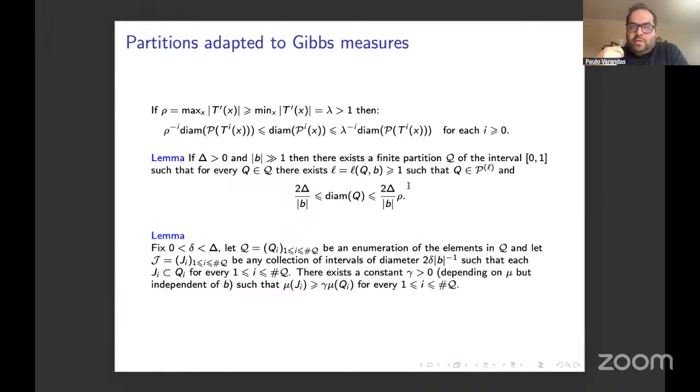Once you can produce cancellations, a point where this derivative is big, then you produce a small interval where this derivative is big, where you can produce cancellations. The point is that you want to compare the L2 norm, which is an integral, the L2 norm of the iterates of the twisted transfer operator with this same integral in smaller sets where you see the cancellations. And it is essential that the big balls where you see integration, where you see the composition of your phase space, are comparable with the measure in smaller sets.